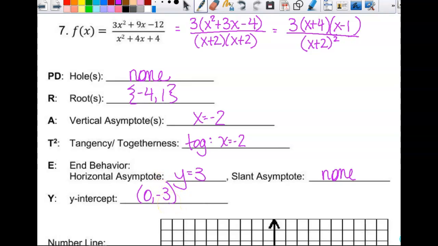Okay. All right, so while I rewrite this, go ahead and start your sign chart. I'm going to rewrite this so I can see it.